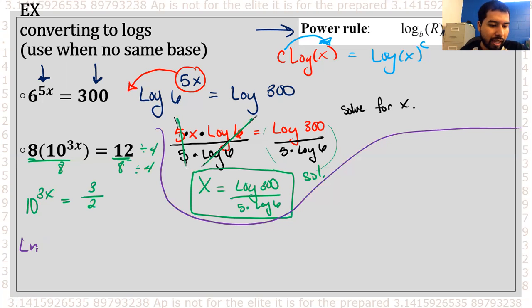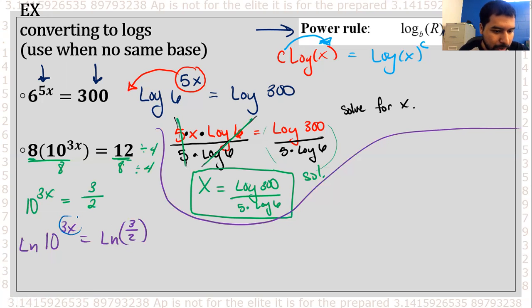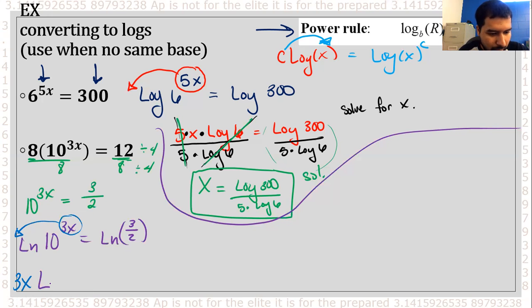So the ln of 10^(3x) is equal to ln, you have to do it to both sides, guys, of 3 halves. Same thing goes, the exponent becomes the coefficient. So I have 3x ln of 10 is equal to ln of 3 halves.